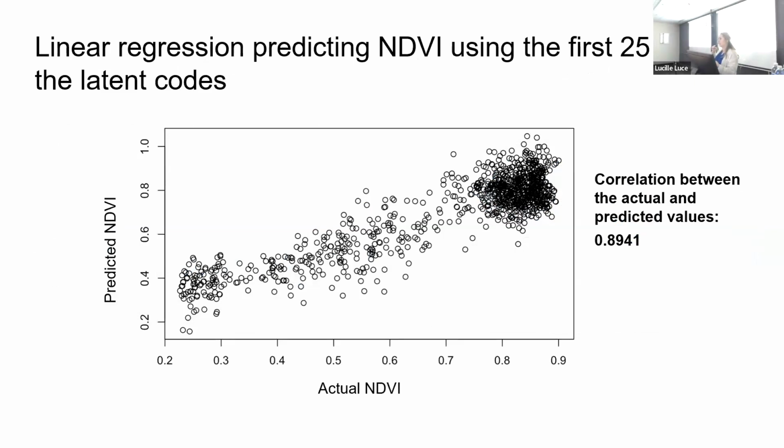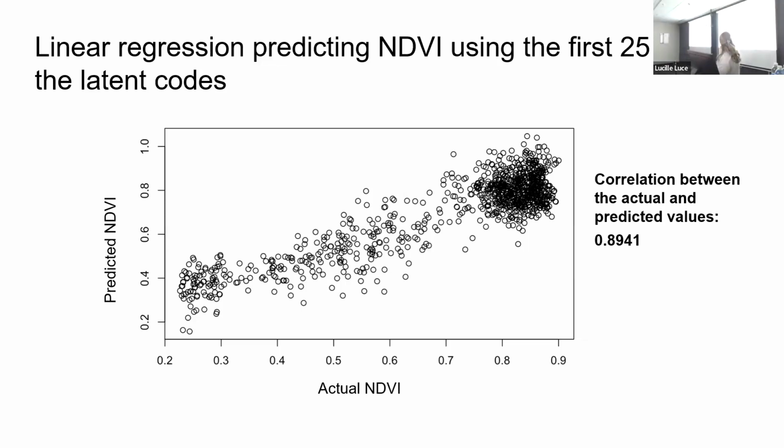So the next thing that we did is to take the first 25 of those principal components, which explain about 45% of the total variation. And we performed linear regression to predict the NDVI values from those principal components.